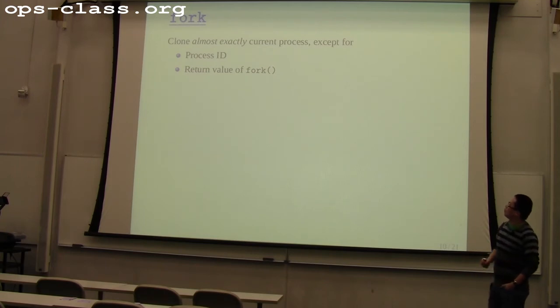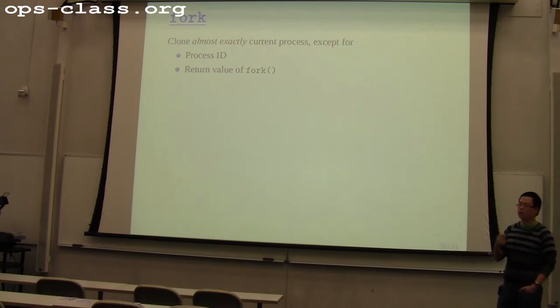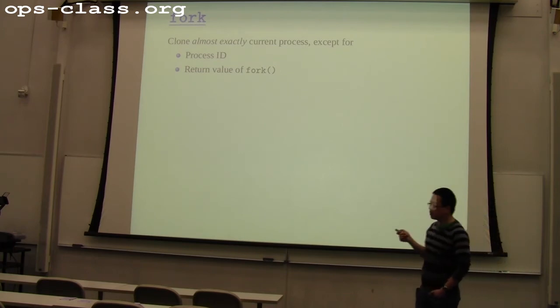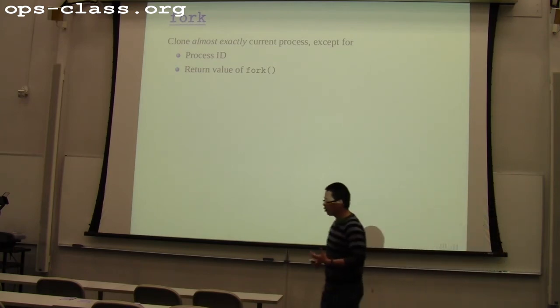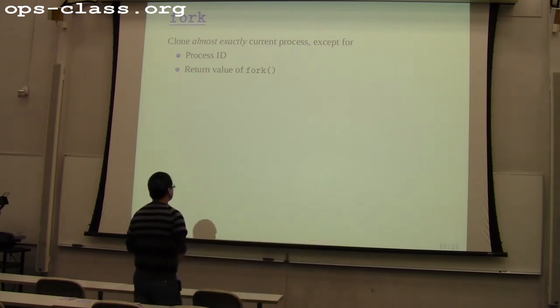In terms of fork, basically what it does is clone almost everything of the current process. It first creates a new process and copies all the content of the current process to the new process. I highlight the "almost" here. It means fork copies almost everything to the new thread, but there are two things different.